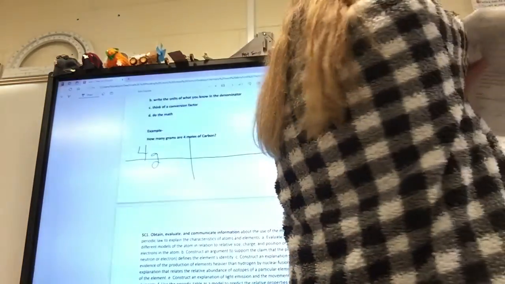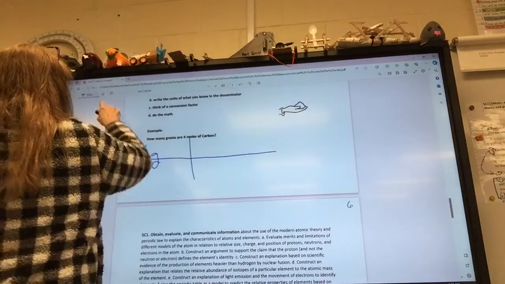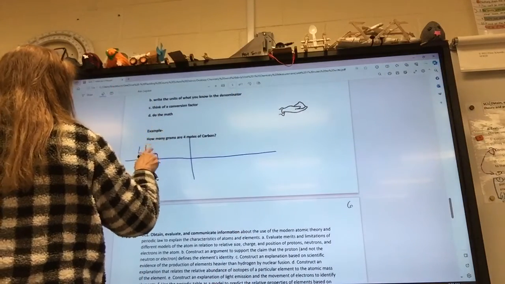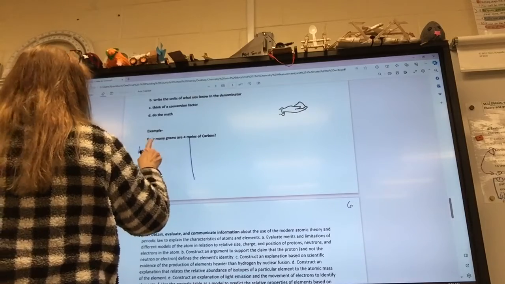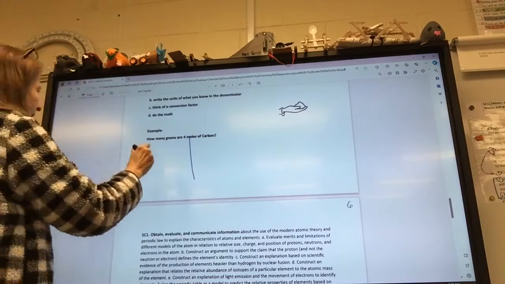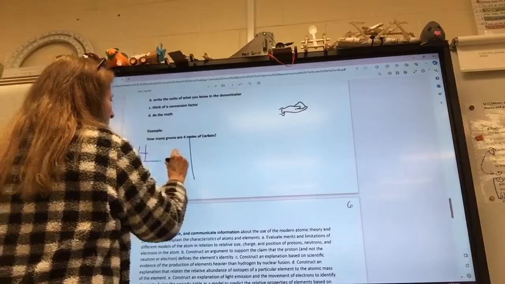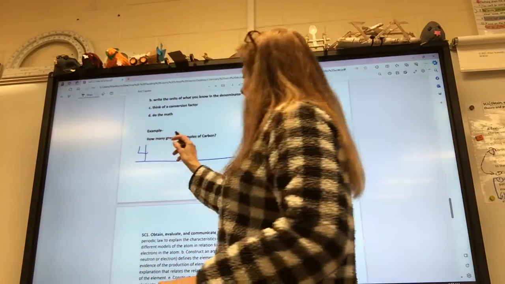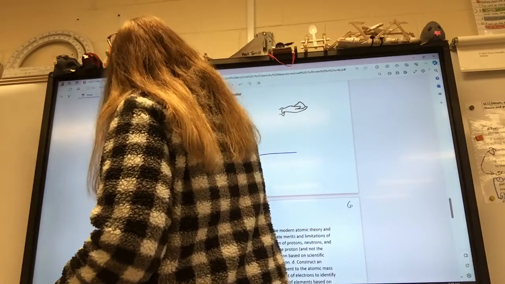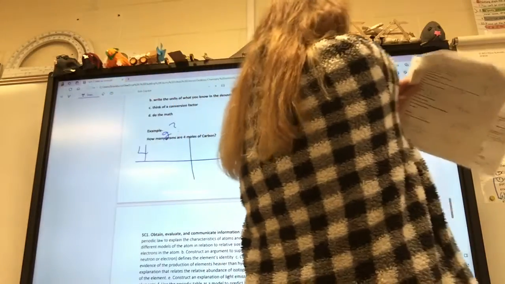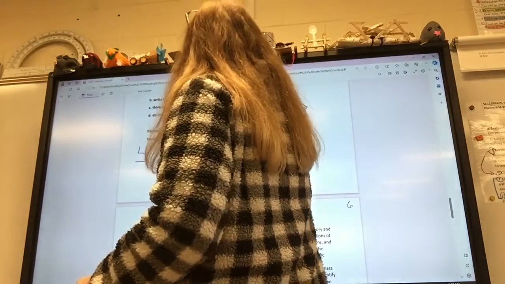Excuse me. Oh, I didn't erase enough. It's very important not to get too enthusiastic about doing your math that you write down the wrong problem. You want to write down the actual problem. How many grams? Grams is the question mark. Are 4 moles of carbon.